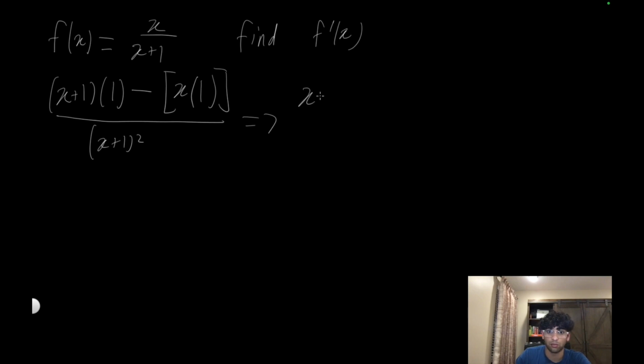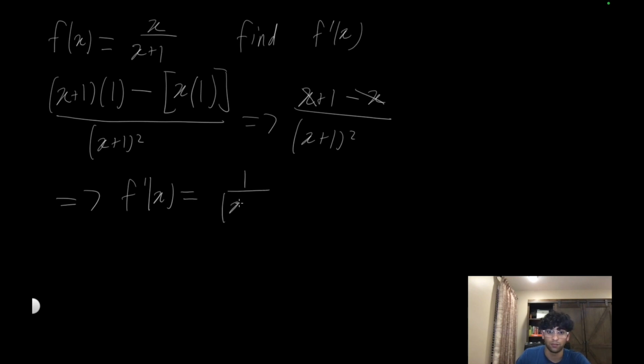We just have x plus 1 minus x over x plus 1 quantity squared. These x's just end up canceling out, which is really convenient. We're left with f prime of x equal to 1 over the quantity x plus 1 squared. We don't have to simplify the denominator unless you're specifically told to do so, and because I'm just showing you an example, I'm not going to expand the denominator. All right, let's go to the next example.